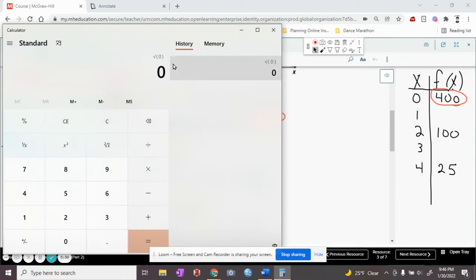Let's clear all. So 0.25 and then square root gives me 0.5. That's the same thing as 1/2. If you want to do this using the fraction, you can do 1 divided by 4 to get your answer, then hit the square root.